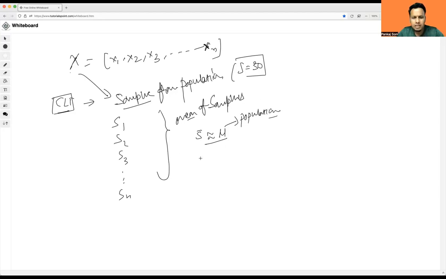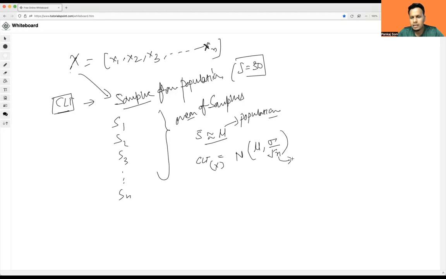Okay, so as per the central limit theorem, if your data, let's say some data X, has a normal distribution, your sample mean will be very close to the population mean, and your standard deviation will be the population standard deviation divided by root n.